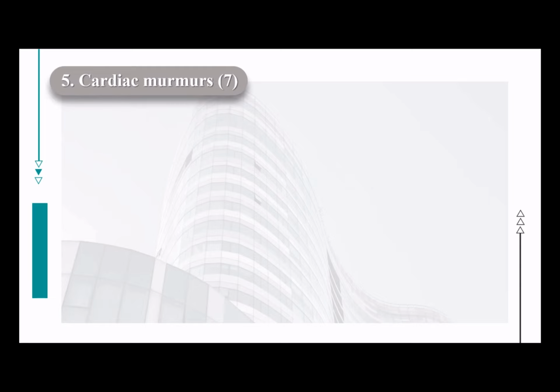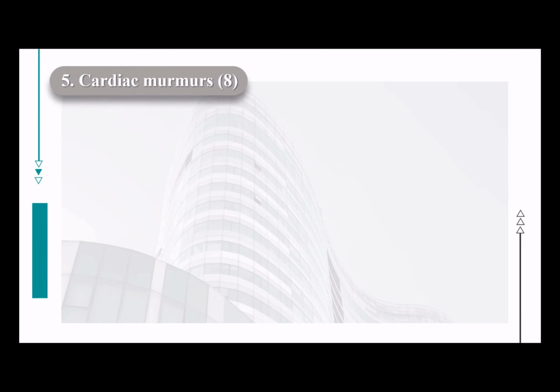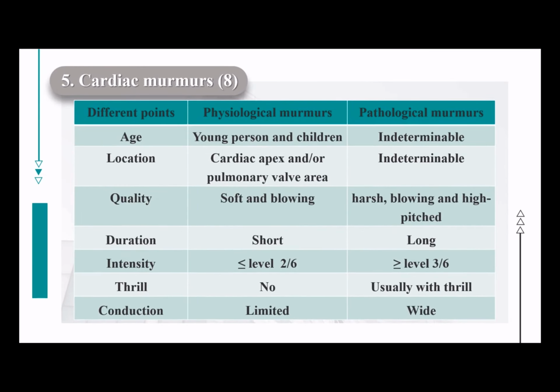In addition, when listening to the murmurs, we should also pay attention to the quality, intensity, form, conducting direction, and the impacts of body position, respiration, and exercise. The murmur plays an important role in the treatment and the diagnosis of heart disease.